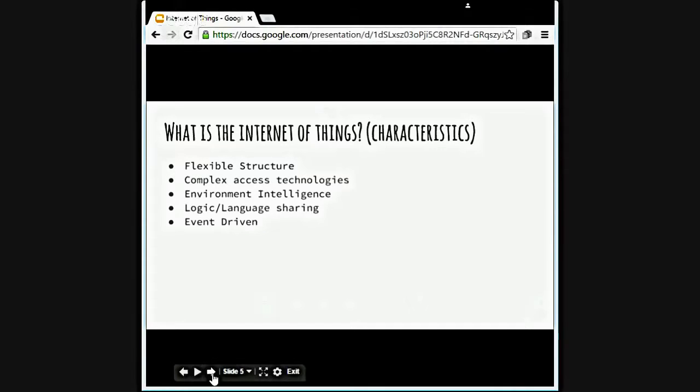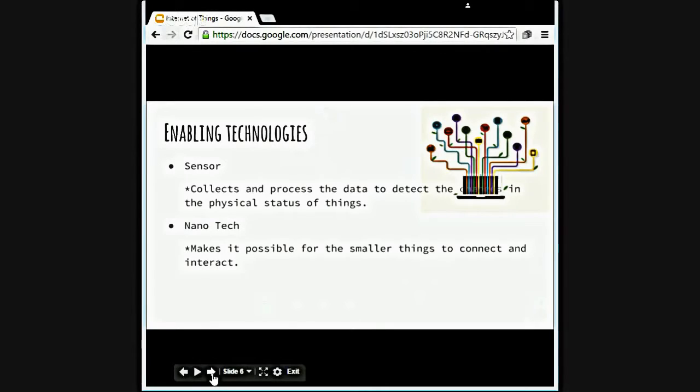What is the Internet of Things? The characteristics are flexible structures, complex access technologies, environment intelligence, logic, language sharing, and event driven. Now, enabling technologies: sensors collect and process the data to detect the changes in the physical status of the things, and nanotech makes it possible for the smaller things to connect and interact.